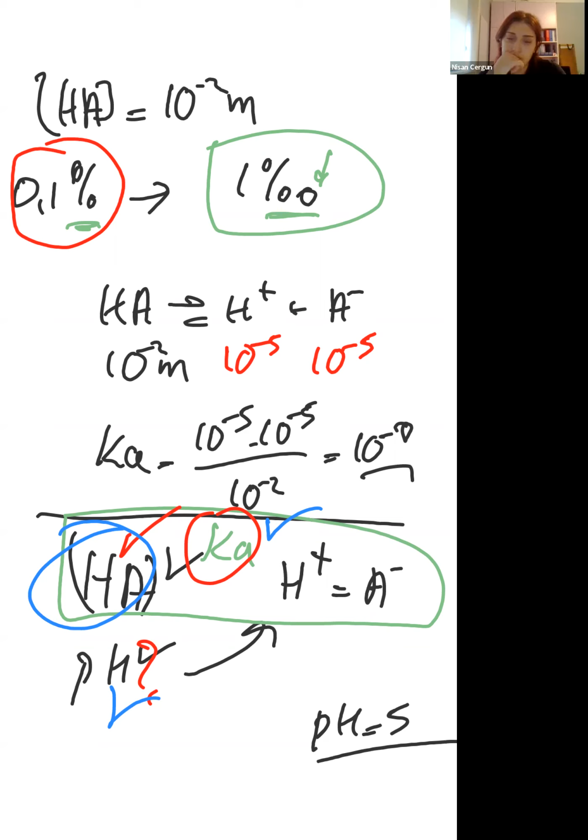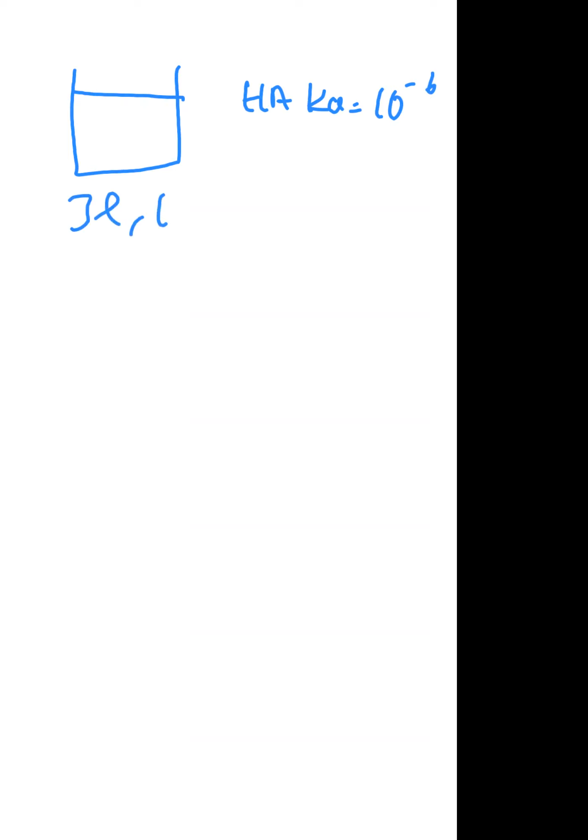Okay, let's do this one. Let's make a calculation and even further calculation for the third way. Third way means what? This one will be not a short answer question, but one of the long answer questions. Let's say we have HA which has a Ka value of 10 to minus 6. We have 3 liters of it with a pH of 2.